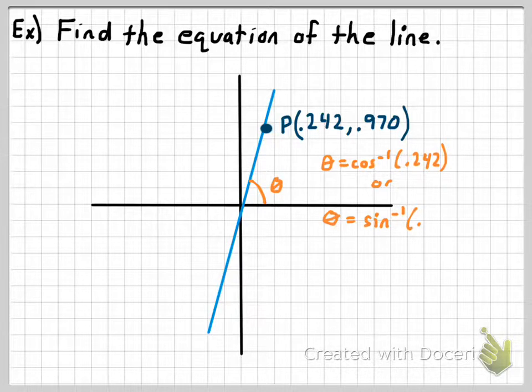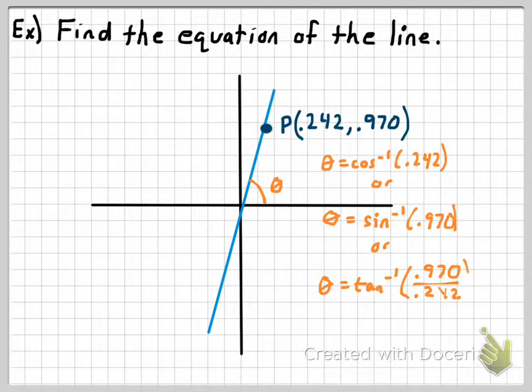So the sine inverse of 0.970, or we could say that theta equals the tangent inverse of 0.970 divided by 0.242, right? Okay, no matter which of those you choose to use, you're going to find that theta is approximately 76.0 degrees. Okay?